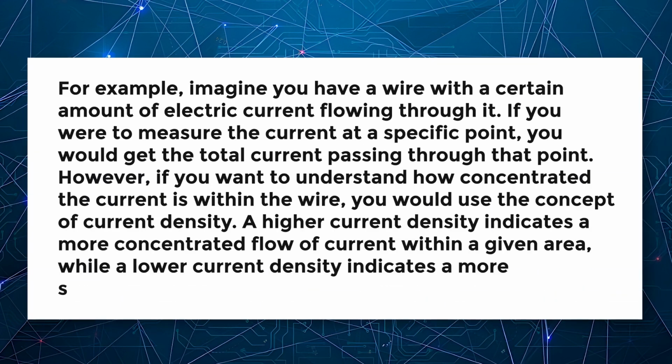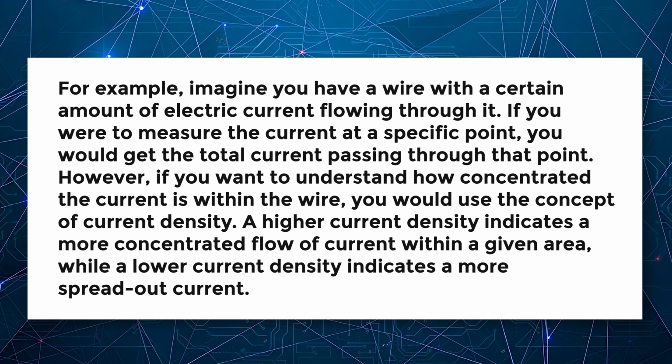For example, imagine you have a wire with a certain amount of electric current flowing through it. If you were to measure the current at a specific point, you would get the total current passing through that point. However, if you want to understand how concentrated the current is within the wire, you would use the concept of current density.